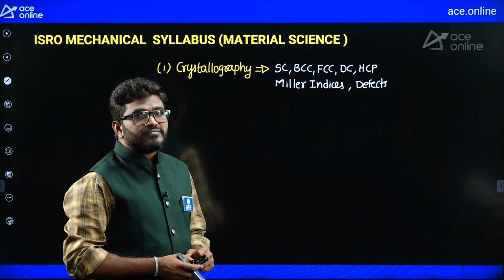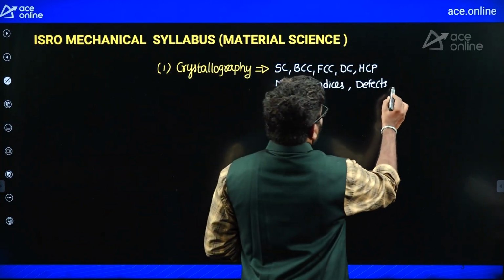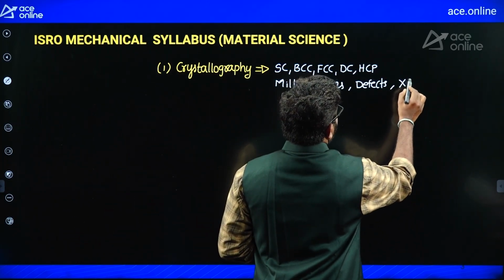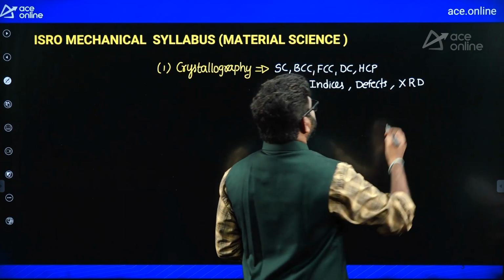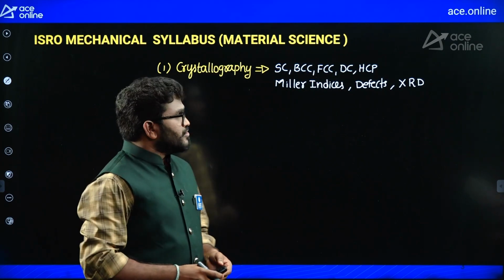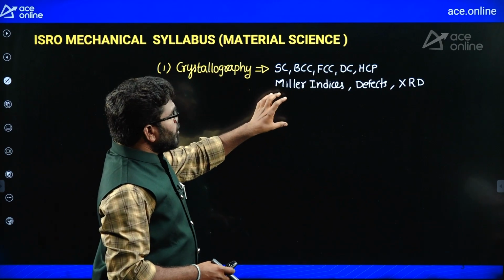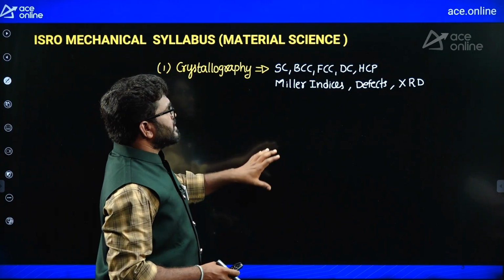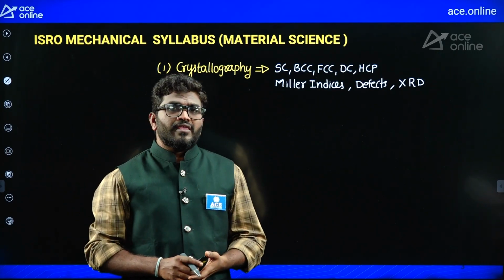Sometimes they may ask you questions from the X-ray diffraction method, you can say Bragg's law. So from these topics, especially from the first unit, they will ask you questions.